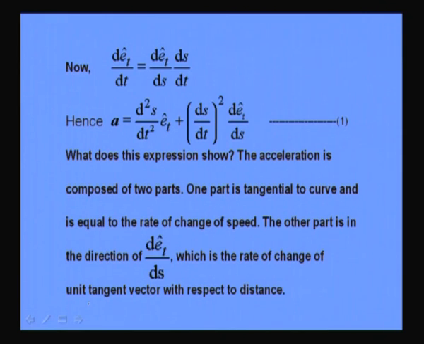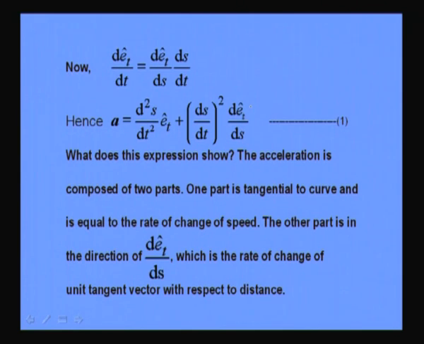Now det by dt is basically det by ds into ds by dt. It can be written like this. Therefore acceleration becomes d square s by dt square et plus ds by dt whole square det by ds. What does this expression show? It shows that the acceleration is composed of two parts. One part is tangential to the curve and is equal to the rate of change of speed.